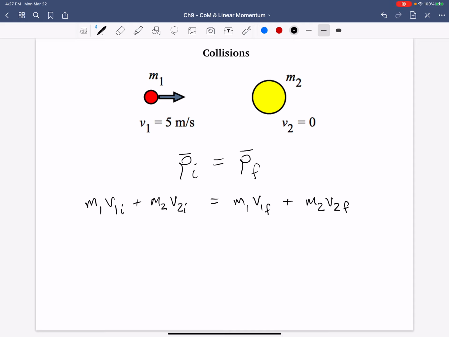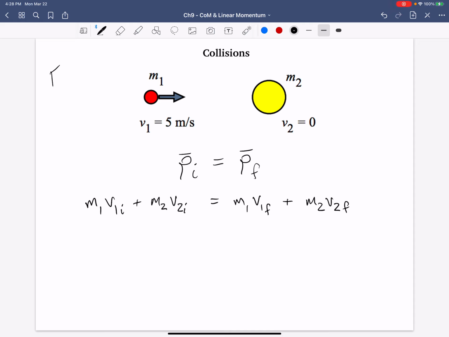This whole thing is the conservation of linear momentum for an elastic collision. Notice there are 4 terms, a pair, initial and final, for each object. It just so happens that in this case, initially mass 2 is 0, but other problems may be different. This is just the conservation equation for an elastic collision.